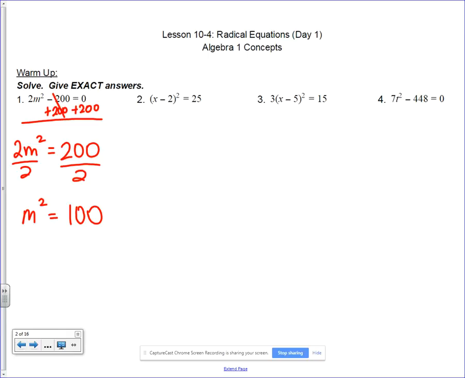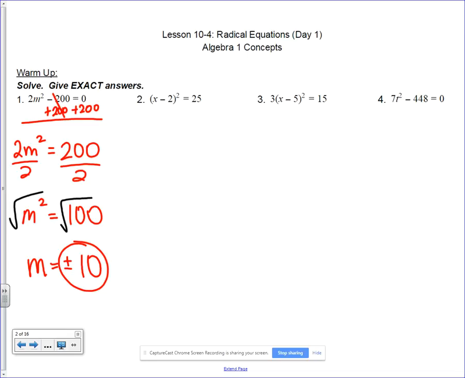Now what? Square root it. Okay, to get rid of that little squared, we do the opposite, which is square rooting it. So what's m? You're close with just 10. Plus or minus 10. Remember, with that power of 2, that means there should be 2 answers, right? Okay, so either positive 10 or negative 10.